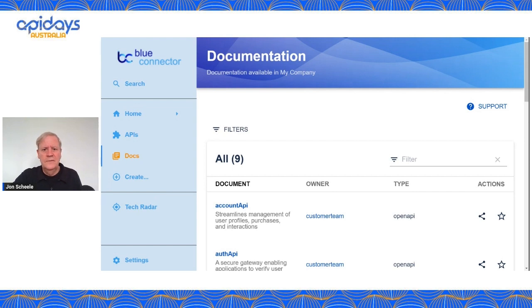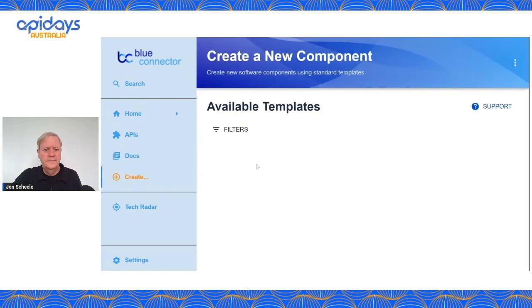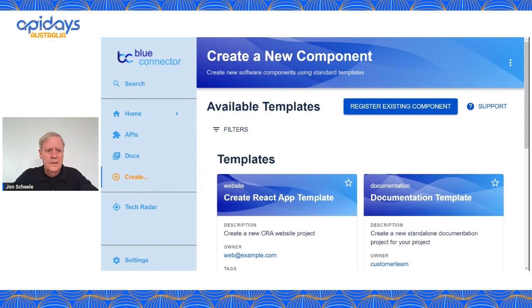I go back to Backstage. If I want to create a new system, then I have, as a developer, templates that have been prepared for me that build in the styles and the modules that are needed for this application.